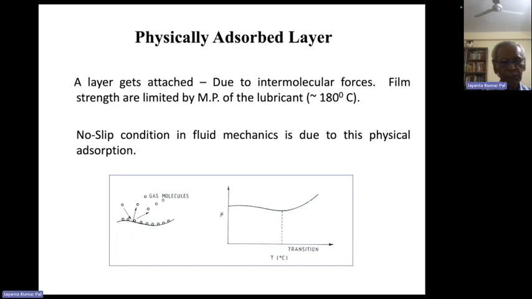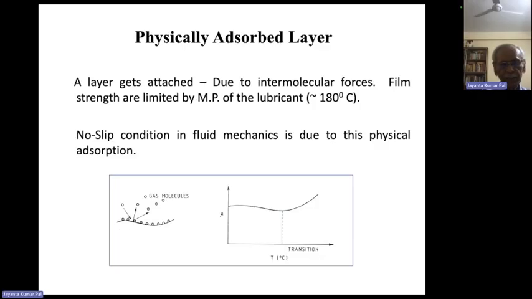The attachment of the boundary layer decides or governs the no-slip condition in fluid mechanics, because this is due to the physical adsorption, and some molecules will be attached and some molecules may go out, but there will always be a layer as shown in the picture below.